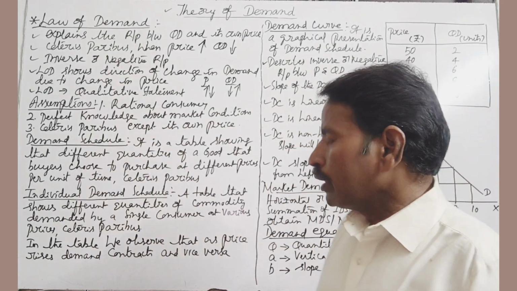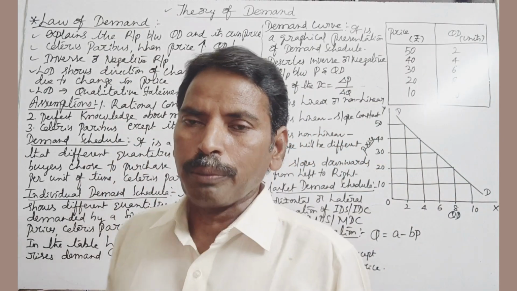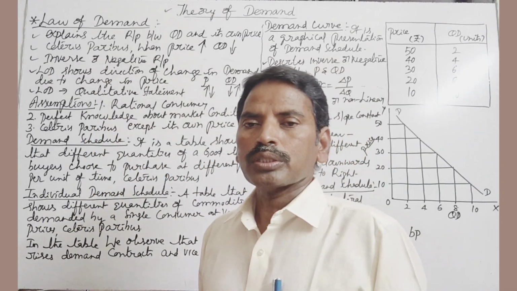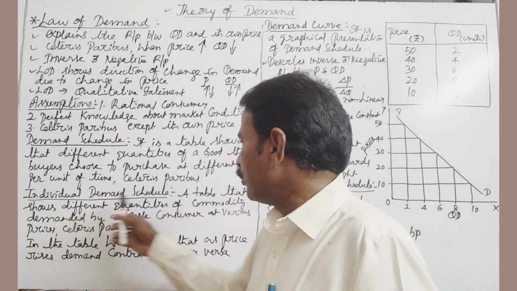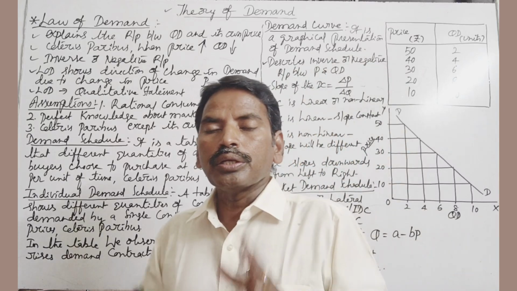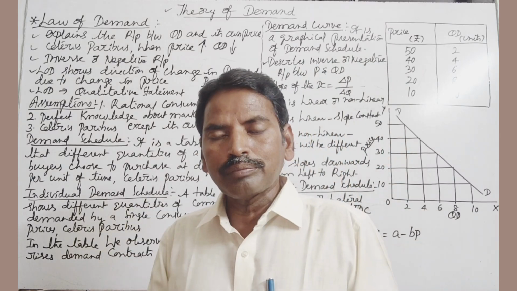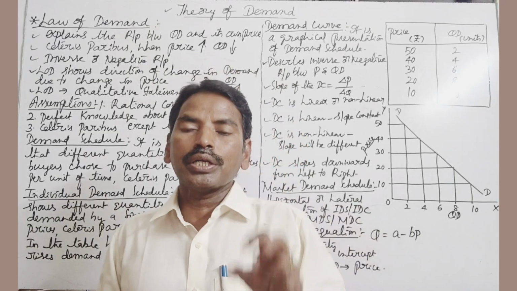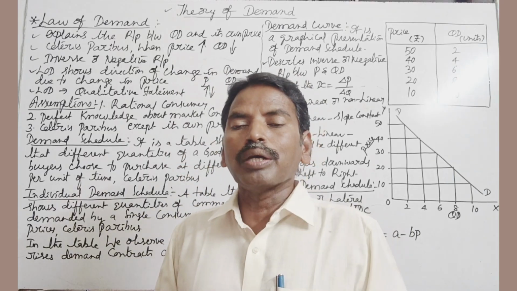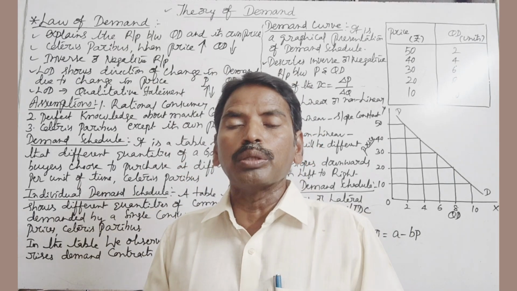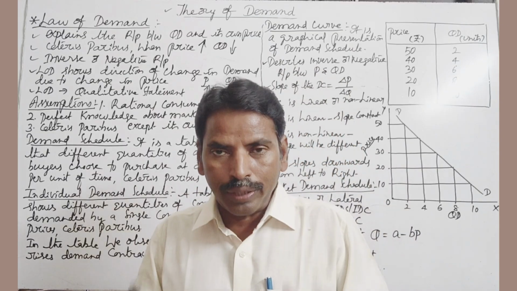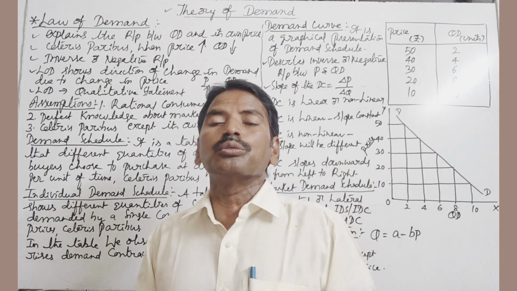Demand schedule is of two types: individual demand schedule and market demand schedule. So now let us examine individual demand schedule. It is a table showing different quantities of a commodity that buyers are willing and able to purchase at various prices during a given period of time by the single consumer.